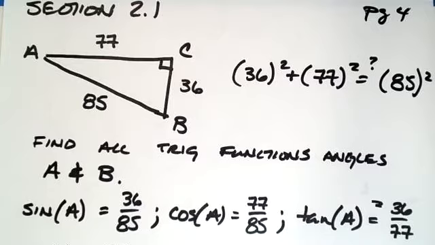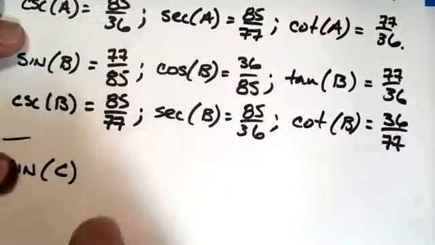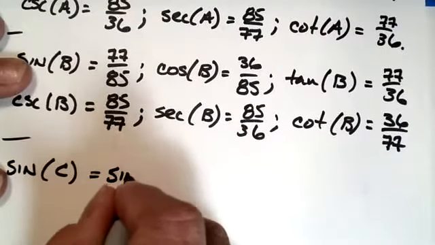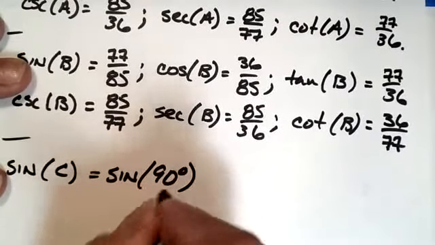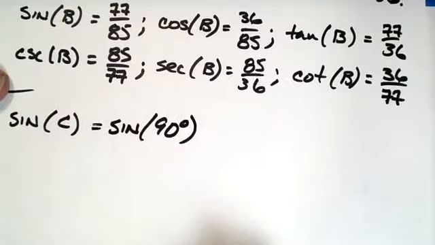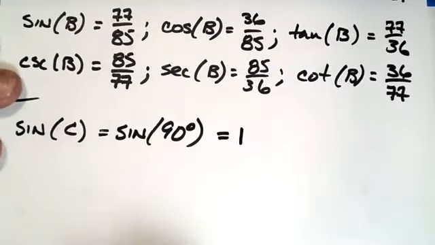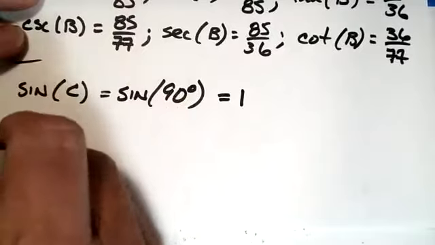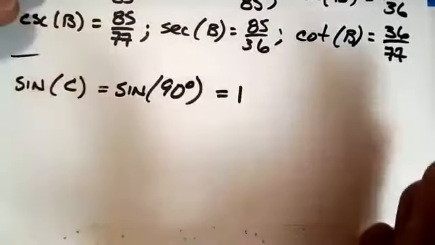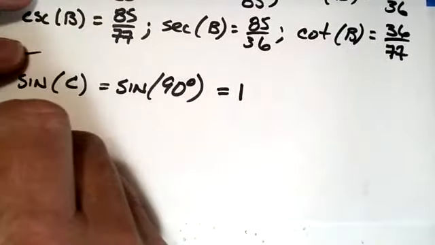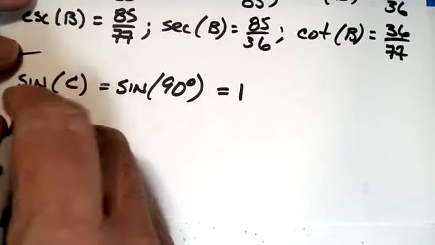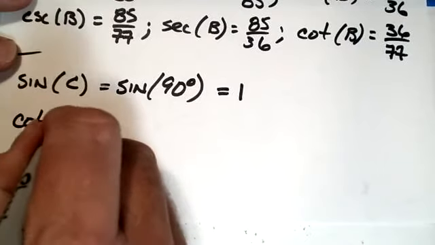But just remember, the mnemonic is not a substitution for what we know about trig functions. Angle C is 90 degrees. So you already know what the sine of 90 degrees is, and the mnemonic doesn't help you. You just simply need to know that that's 1, right? And similarly, I don't need to do them all because we have done them all. But just as an example, how about cotangent of C?